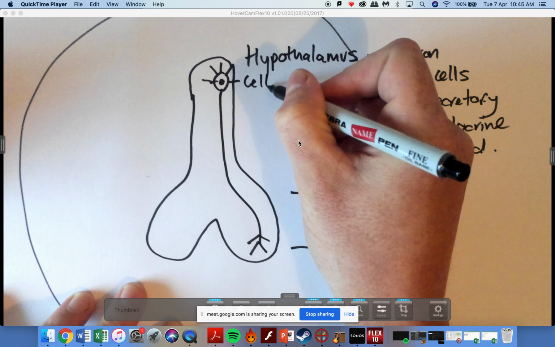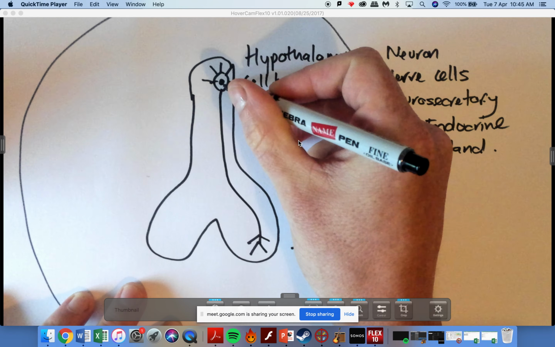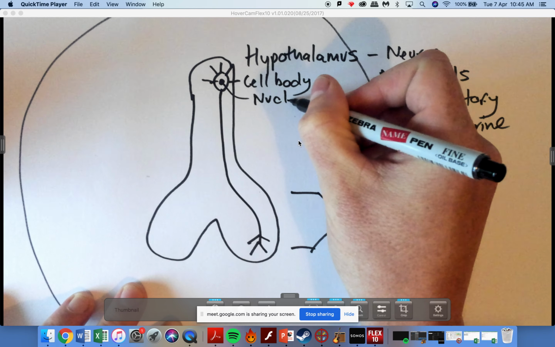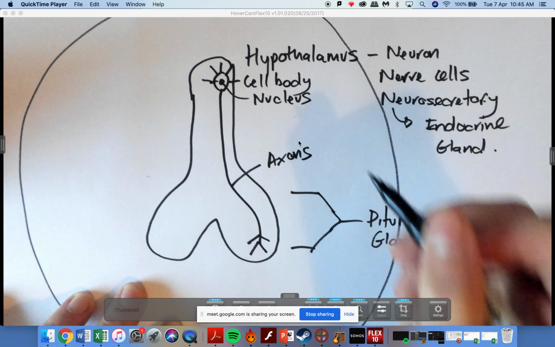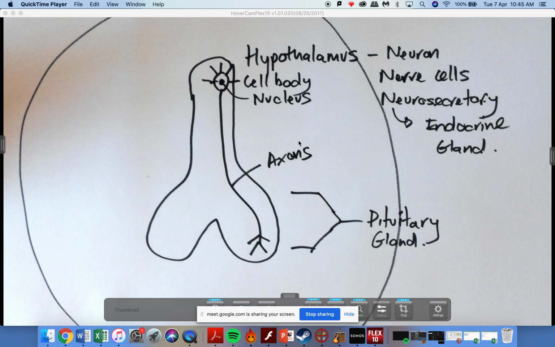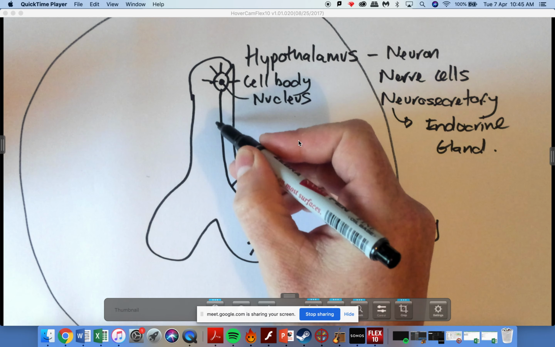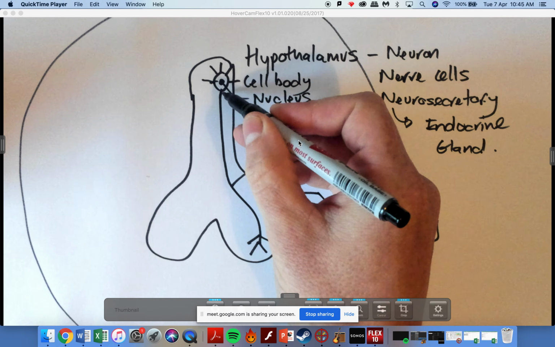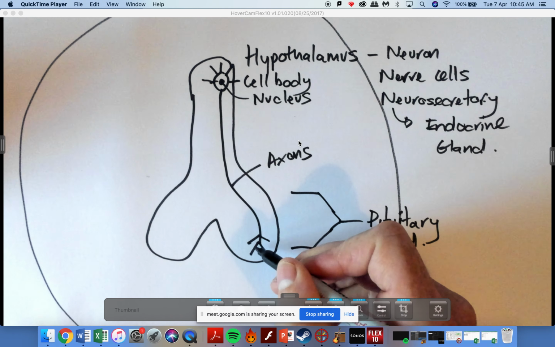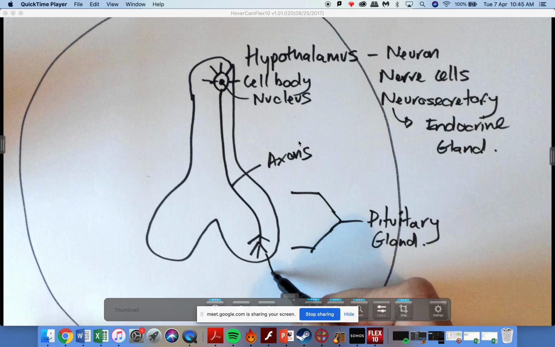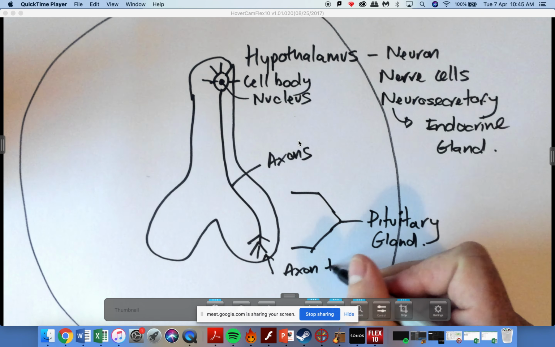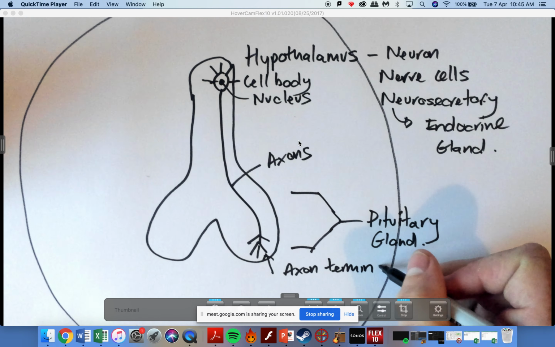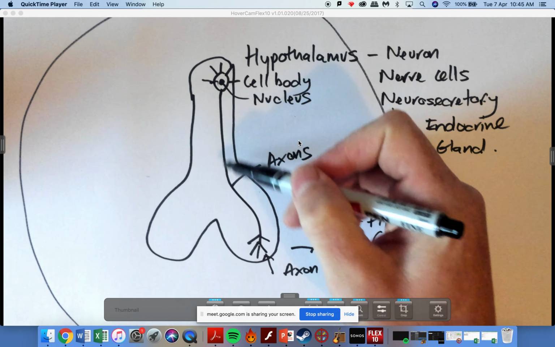This is the cell body with the nucleus, but reaching all the way down are axons. That really is cell membrane all the way down and cytoplasm inside. I'm just drawing it as one line. And at the end, there are axon terminals. These are the end of the nerve cells.